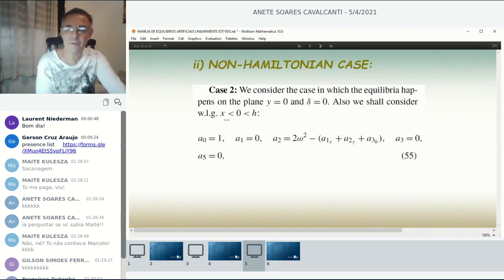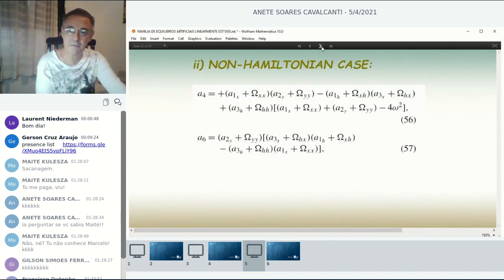And we consider, without any loss of generality, that x is negative and h is positive. We compute the values for the coefficients of the polynomial, and they are given by equation 55. Very simple equations. A4 and A6 are still not so simple, but again, we have to ask A6 to be 0.